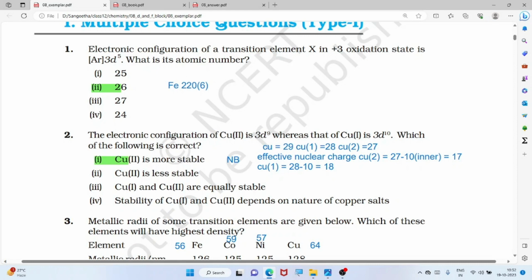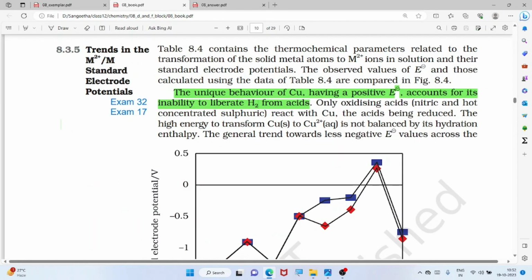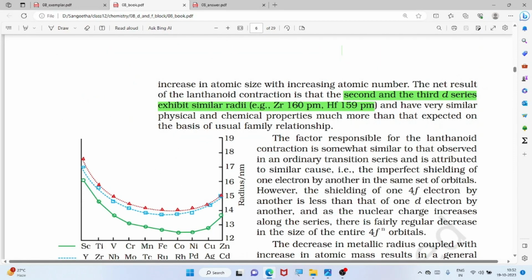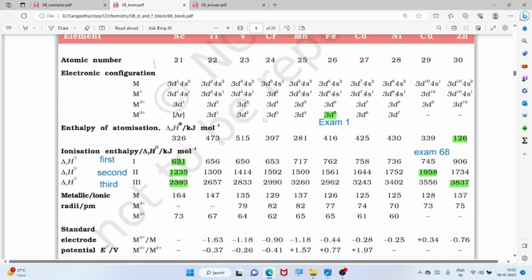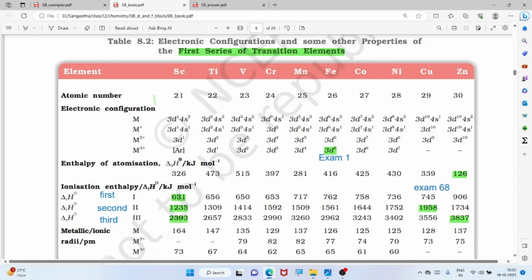So you have to add 3 to the total, then you will get 26. This is the element, and here the oxidation state is 3.